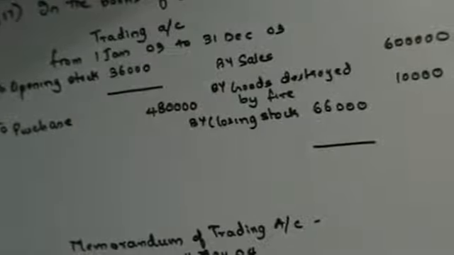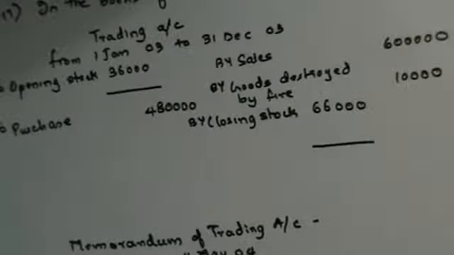Next, they have also said that it is a practice of the company to value stock at cost less 10%. Working note 1. Now this was cost value. If the cost is 100, you are valuing it less 10%.